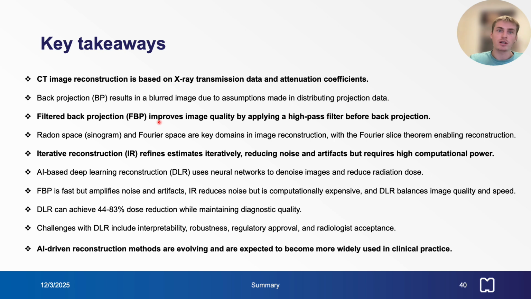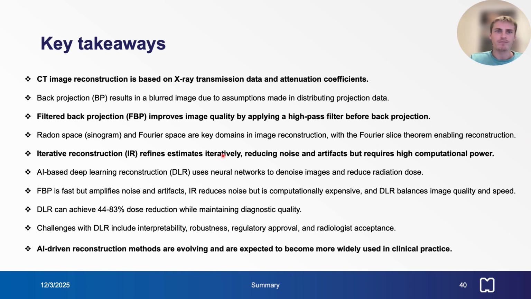Filtered back projection improves image quality relative to simple back projection by applying a high-pass filter before back projection. Radon space or sinograms and Fourier space are key domains in image reconstruction, with the Fourier slice theorem really enabling reconstruction methods.